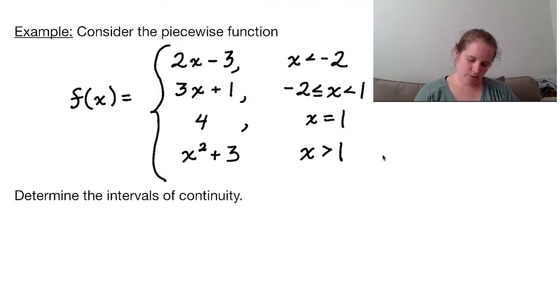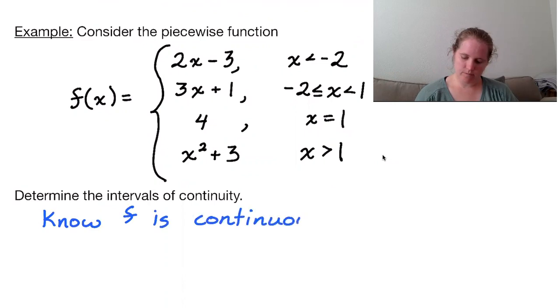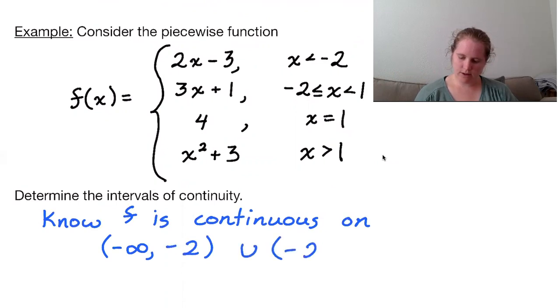So we know that f is continuous on the intervals from -infinity to -2. We know it's continuous from -2 to 1.